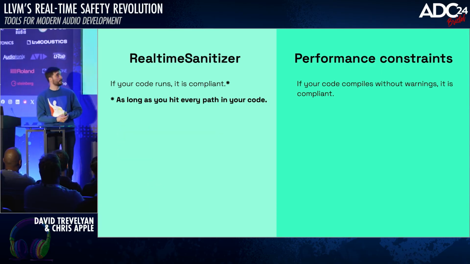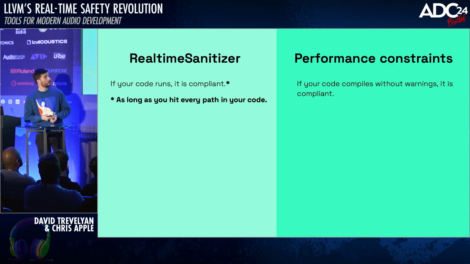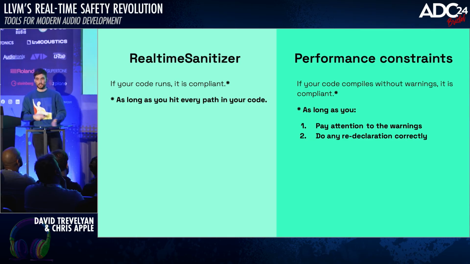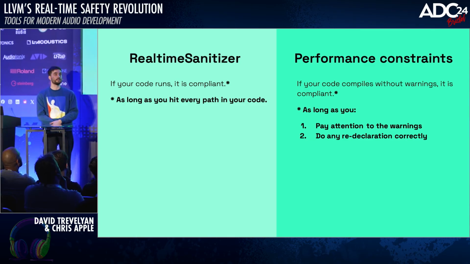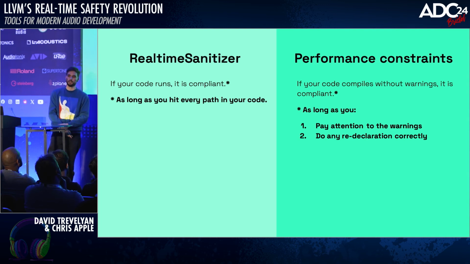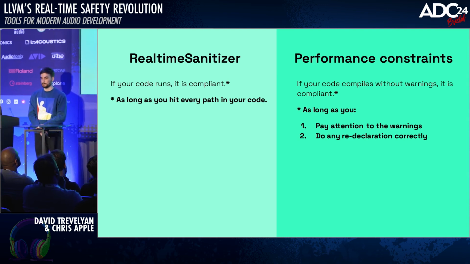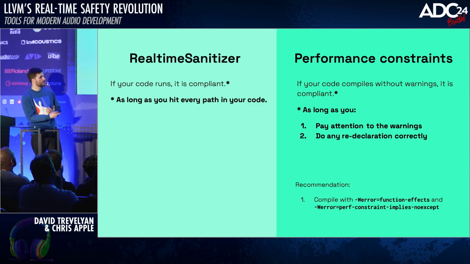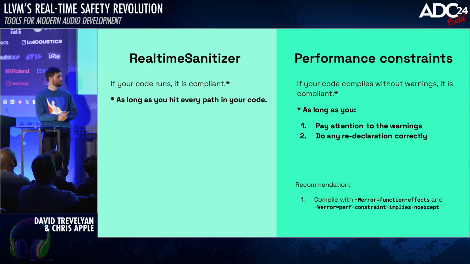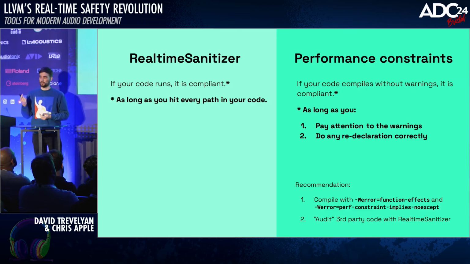Okay, let's take a look at the performance constraint side of things. This statement on the right is only true if you actually pay attention to those warnings and do something about them, and if you do any redeclaration of third-party functions correctly. So the recommendation here is promote those warnings to errors. That means you can't miss them. And audit third-party code with RealtimeSanitizer.